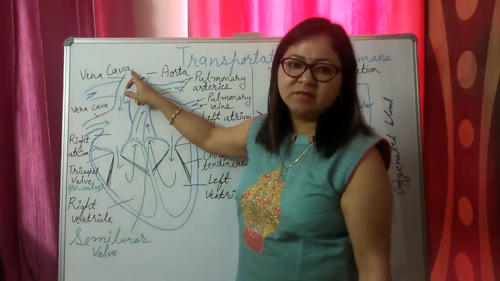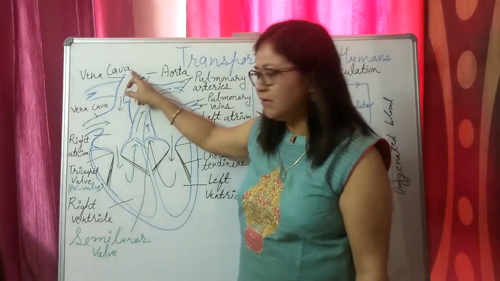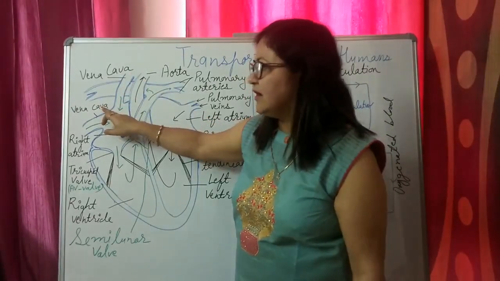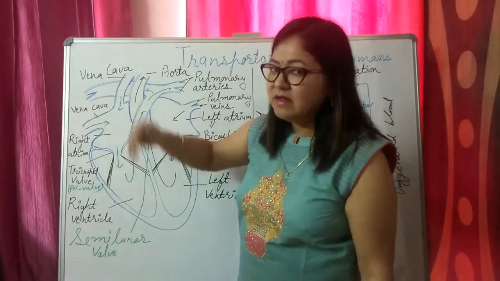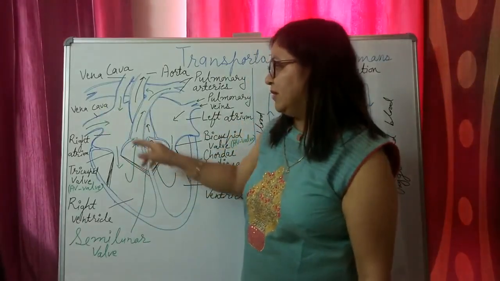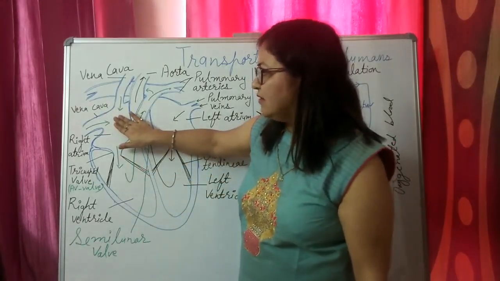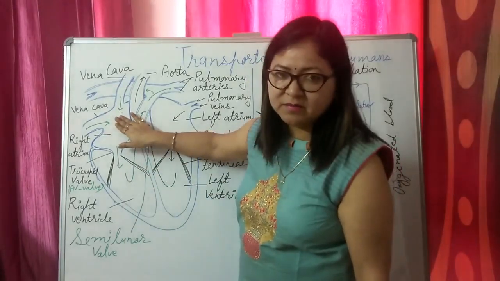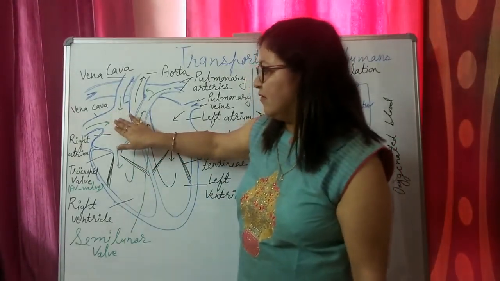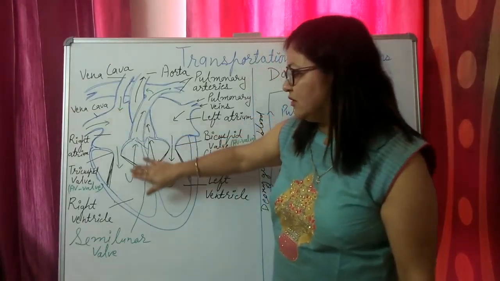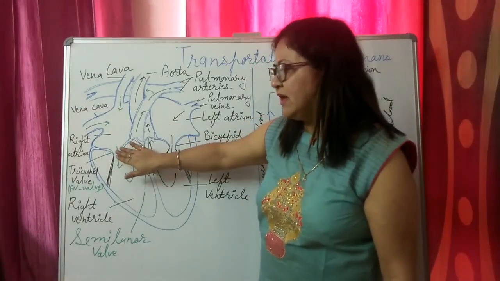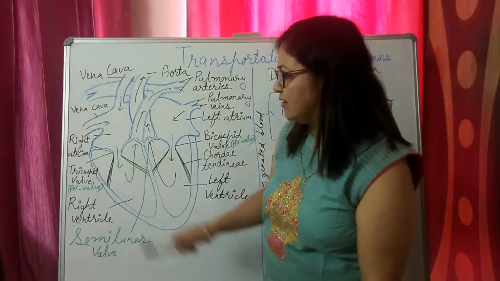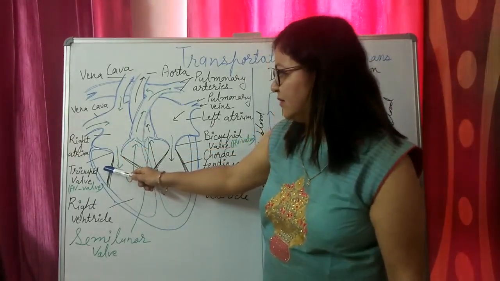This vena cava, the superior, brings the blood from the upper body part. This one is called the inferior vena cava and it brings the blood from the lower body part. So the right atrium receives the blood from all body parts. It is deoxygenated blood through the vena cava. The right atrium opens into the right ventricle through an opening, and this opening is controlled by a valve known as the tricuspid valve.